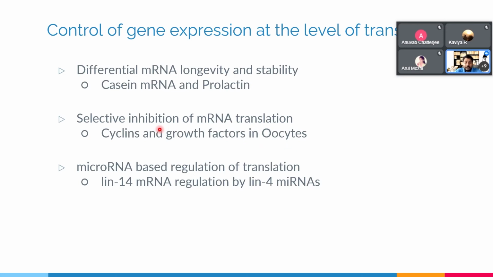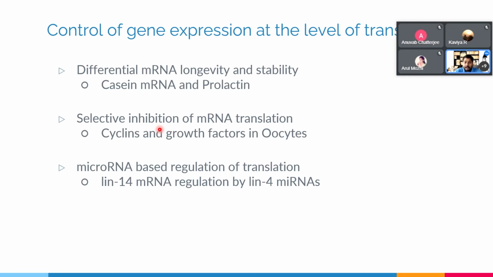So selective inhibition means that particular genes are allowed to express only in particular regions of the oocytes, which, as I was talking about, produces the anterior posterior asymmetry. That is, one portion of the oocyte can be defined as the anterior region and another will be defined as a posterior region.